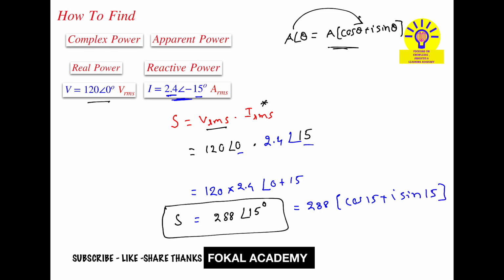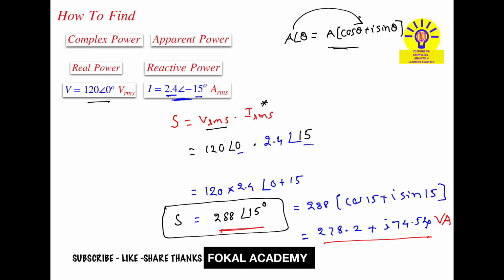Using a calculator, we get 278.2 plus i 74.54. The unit for complex power is volt-amperes. So this is the complex power in complex number form and phasor form.